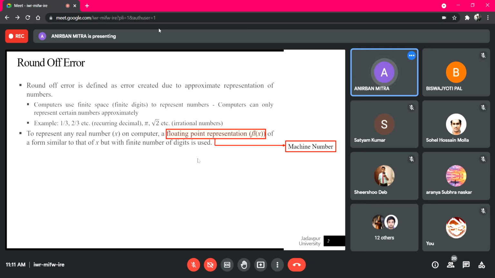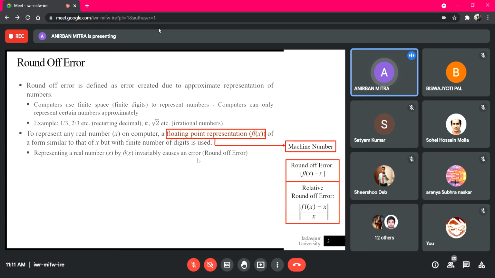As these two are not the same, obviously there is some gap between the two, and this gap is referred to as the round-off error. The mathematical expressions for the absolute and relative round-off errors are given on the right hand side. I'm not going to go over them as we have already discussed these topics in the last class.